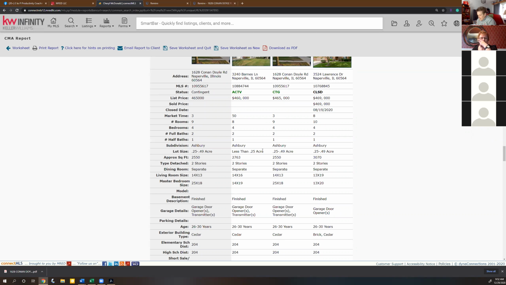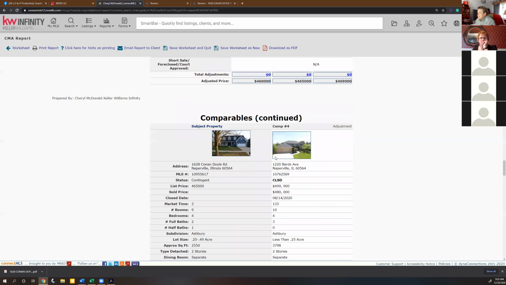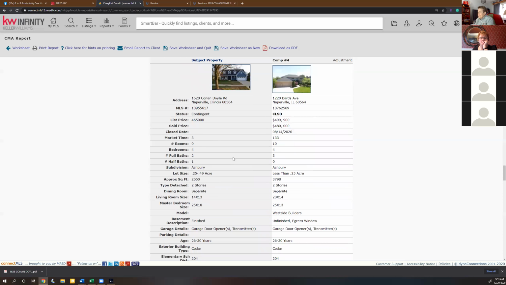So 469. It looks like Lawrence sold for 152.76 a square foot. Bard sold for 126.38. So again, a huge discrepancy here.